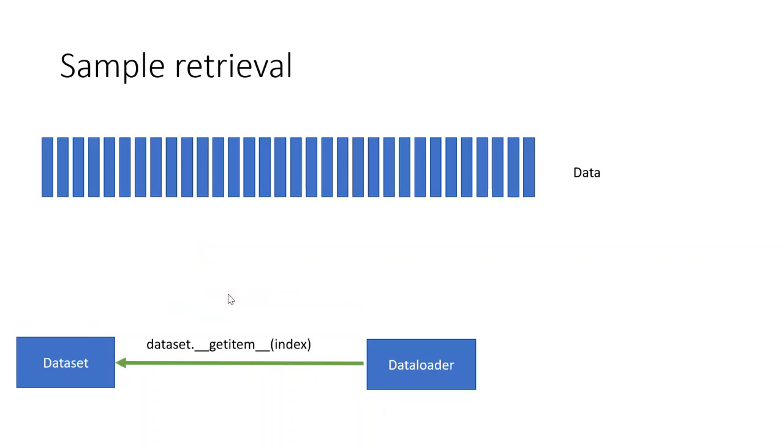So how does the sample retrieval process work? As we said, the DataLoader asks the Dataset for a specific index. The Dataset goes either to the data loaded within its attributes, or uses a method to retrieve a specific index of the data from some kind of long persistent storage.